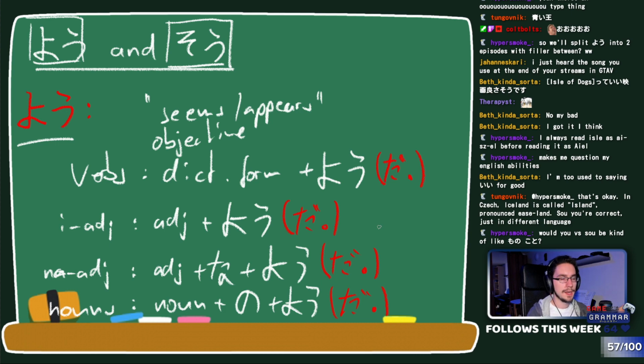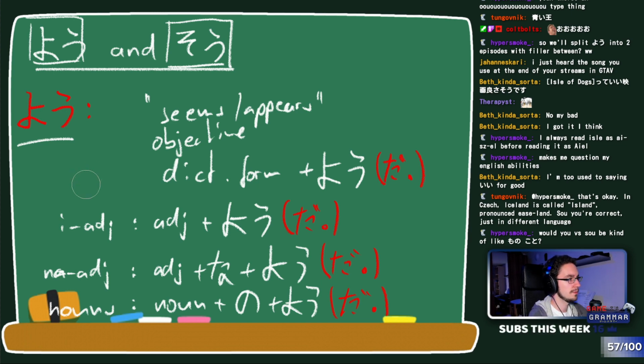Okay? Now, yo is often also used to compare things. Especially with nouns, but also with actions in general, because yo is like the appearance or the quality of something. I'll make an example, this is easier to see.